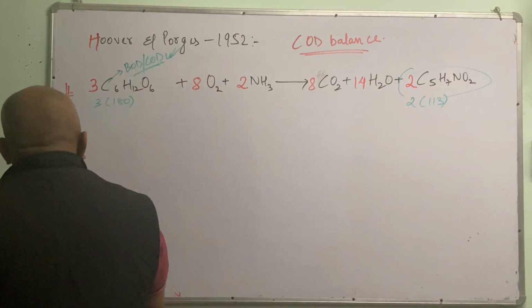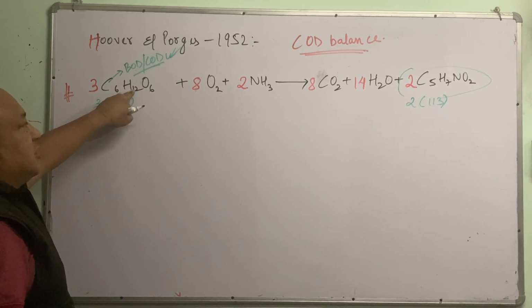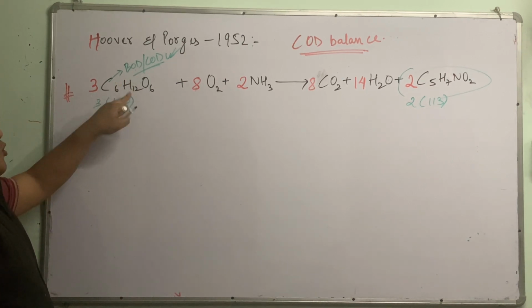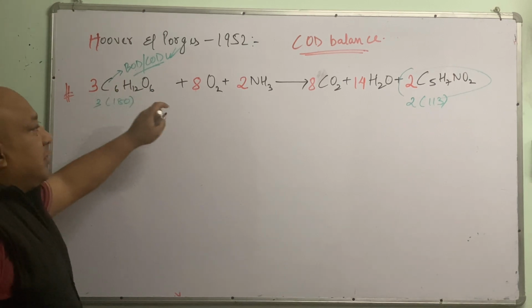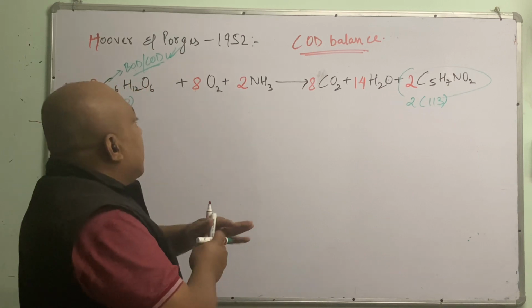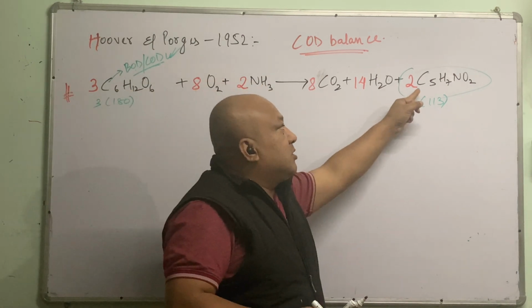Now this part we have converted into COD. We know 1 glucose is equal to 1.07 gram of COD. We are going to balance how the COD is coming, the carbon balance. So this also we need to know.